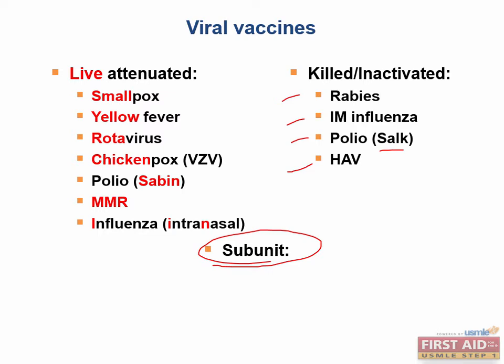The protein is then mass-produced, put into a vial, and injected into patients. This introduces the patient's immune system to a piece of the virus, leading to a T helper type 2 response. The two subunit vaccines are the hepatitis B vaccine and the human papillomavirus vaccines.